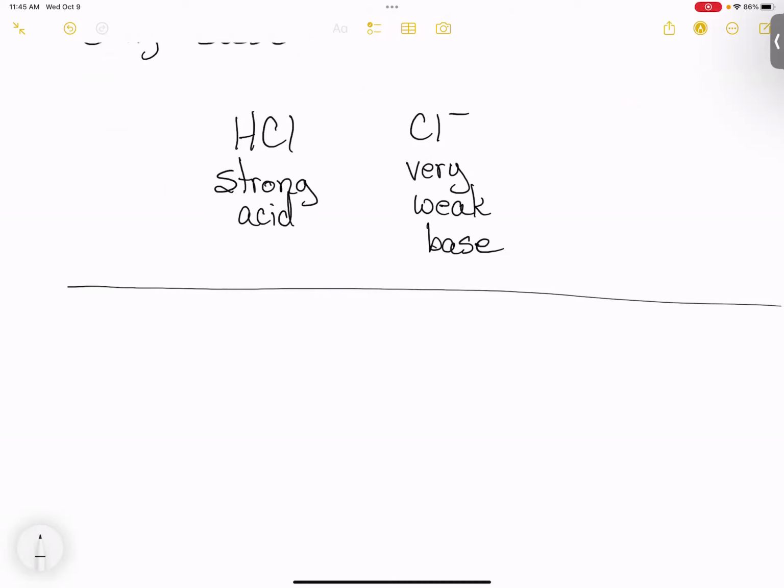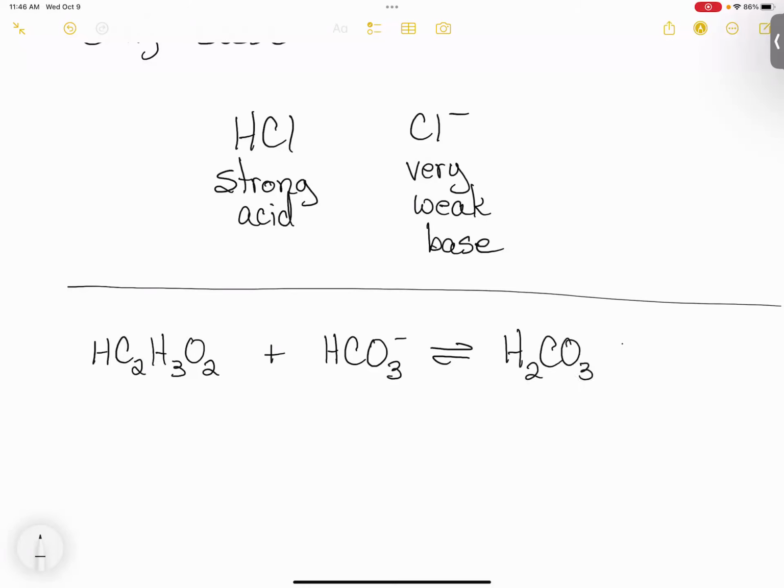So let's just look at an example. Let's say I have HC2H3O2, and I react that with the bicarbonate ion. This sets up an equilibrium to form carbonic acid and acetate.